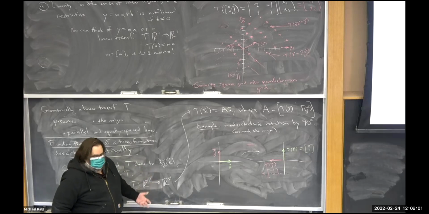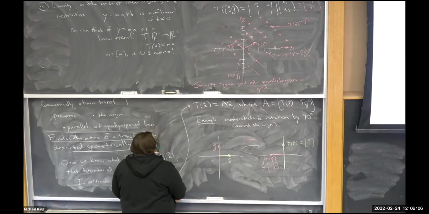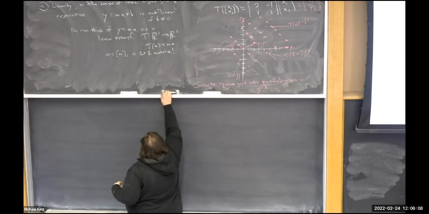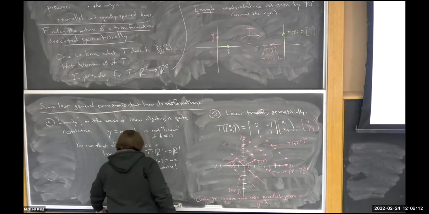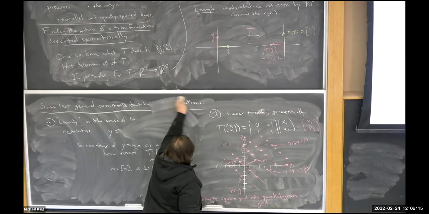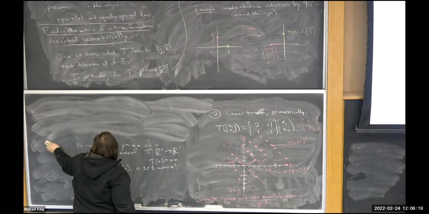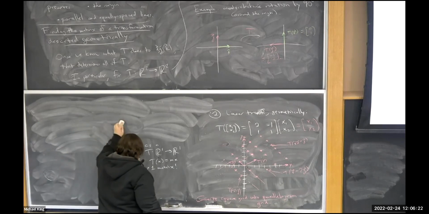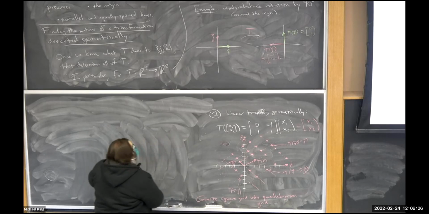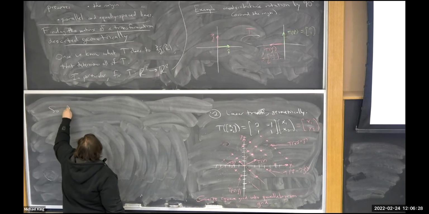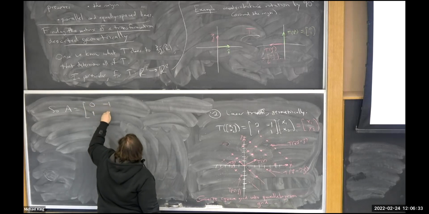If you want to find the matrix for a transformation, you just have to do this, and then you can find the formula. Write down what I just said. So A is the matrix whose first column is (0, 1) and whose second column is (-1, 0).